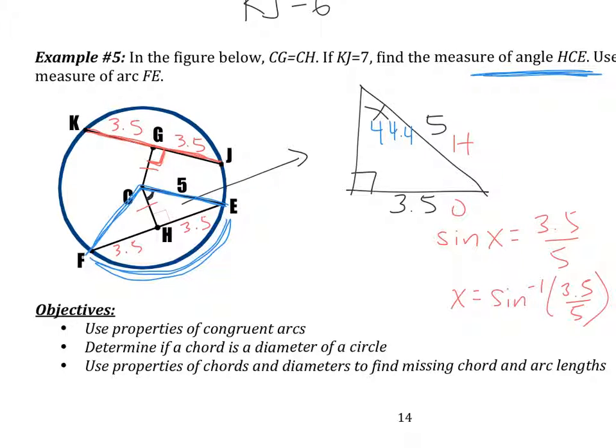Well, if this is 44.4, what's this angle next to it? 44.4. So what's the entire angle FCE? So then what's the arc length, or arc measure, sorry? 88.8 degrees. Okay? So using a little trig to review, with our triangles. All right, so for today, okay?